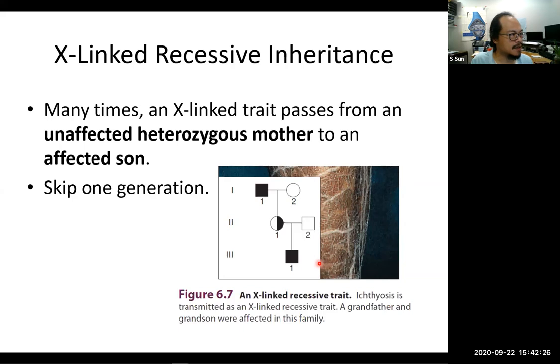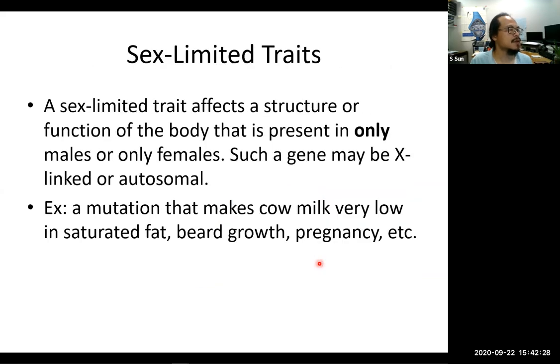So that's the X-linked recessive. There are some traits that are not X-linked, but are sex-limited. Sex-limited means that only one sex is affected. For example, cow milk very low in saturated fat.